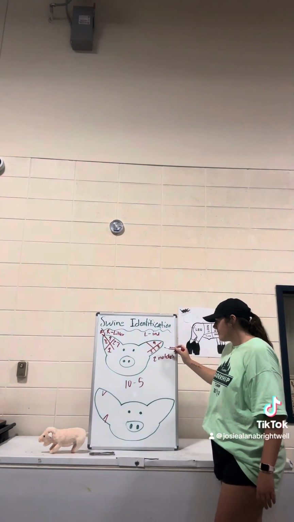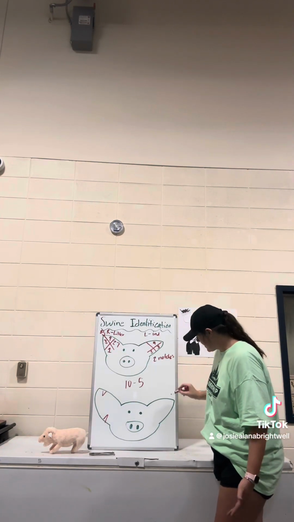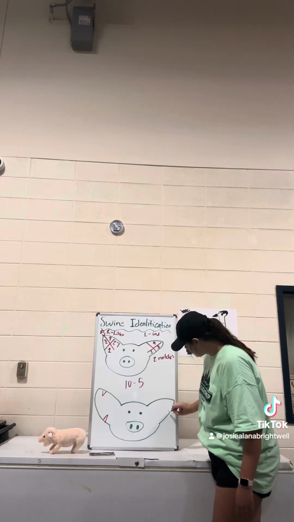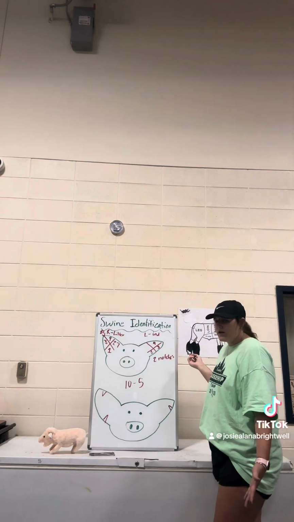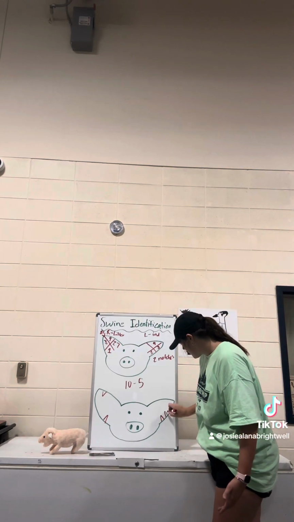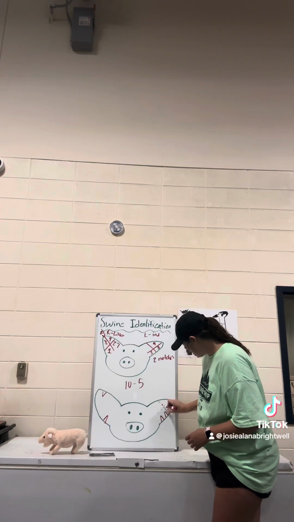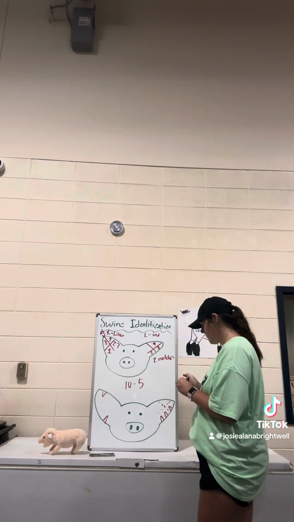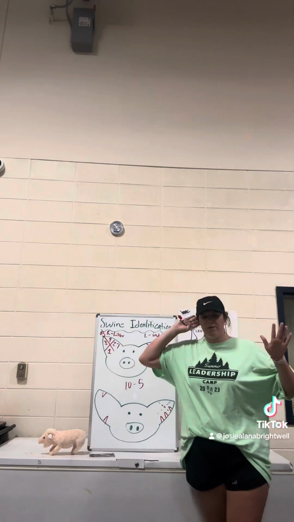Looking at our 5. Can I do 2 3s? No, because that's 6. 9 is too big, so I'm going to do 1 3. And then I have 2 more, so I'm going to have to do 2 1s. Just like that, and it's keeping that little invisible line right there. So this is piglet 10, 5, even if you read it from the back.